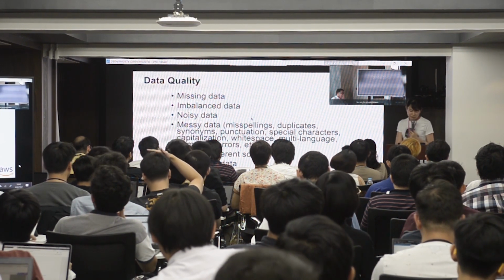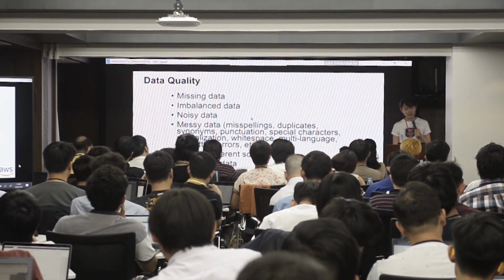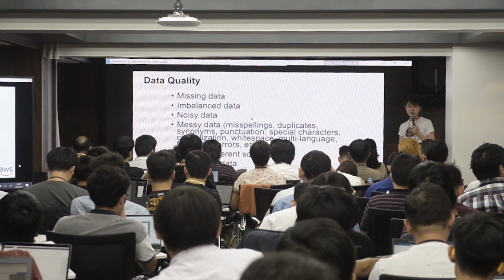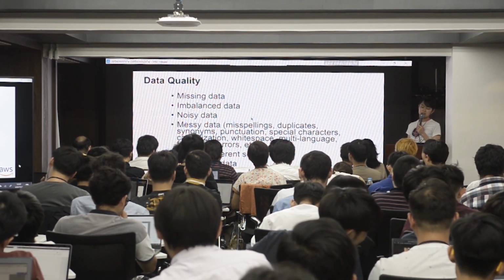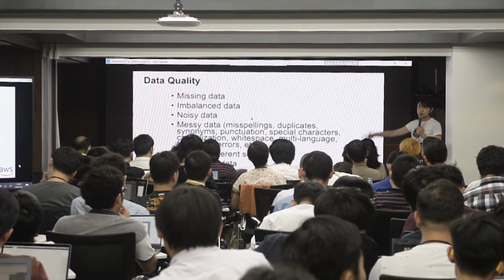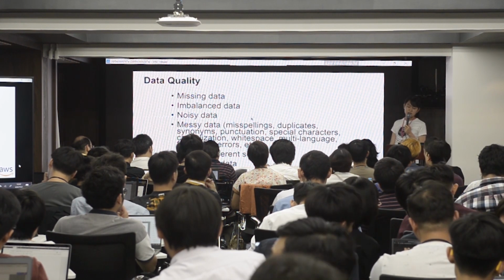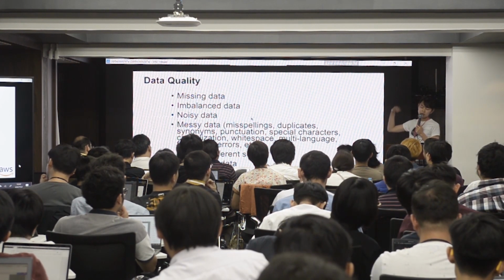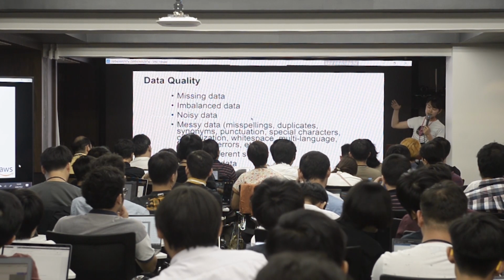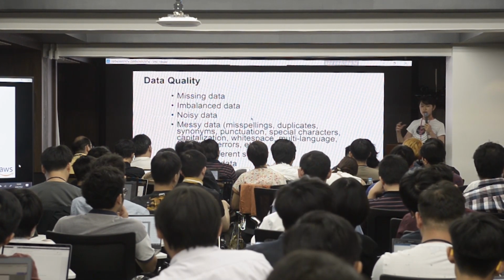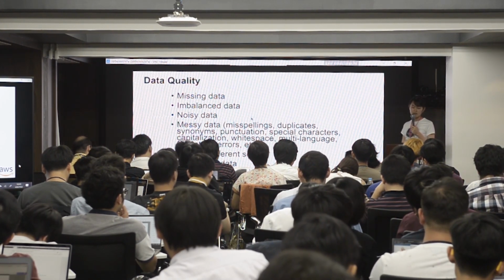So we may also have mixed types of data. Say you're trying to predict a housing price, and you have data on one school zone and another school zone, and you probably need to compare the school zones' names or their teachers, etc. You probably also have the crime rate. You will know whether it's safe, whether there's a gunshot there. So there are different types of data, and you will also have some sample bias when you collect the data.